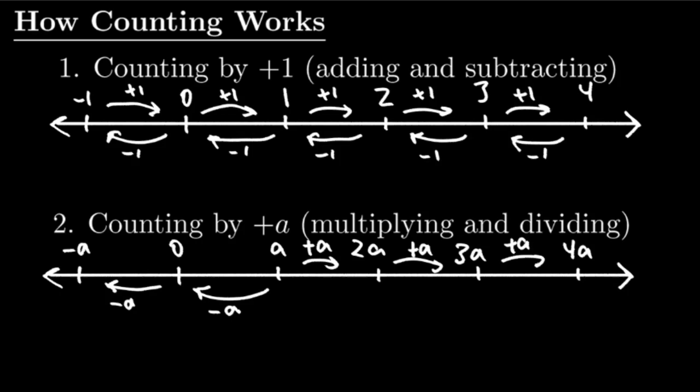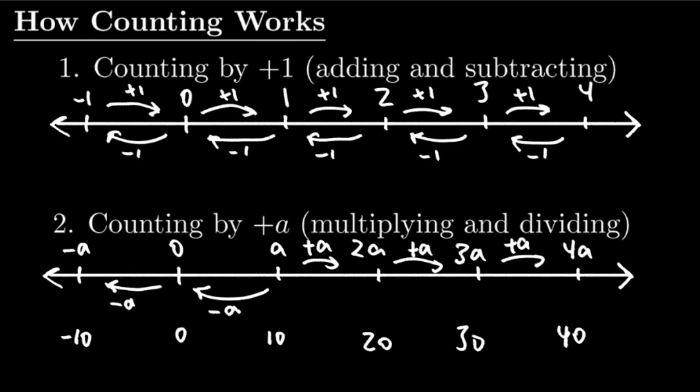So if we were to do this actually with numbers, let's use like 10. Then you'll get 10, and then 2 times 10, which is 20, 3 times 10, which is 30, 4 times 10, which is 40. And going backward, you get minus 10, which is 0, subtracting from there, you get -10, and so on and so on.